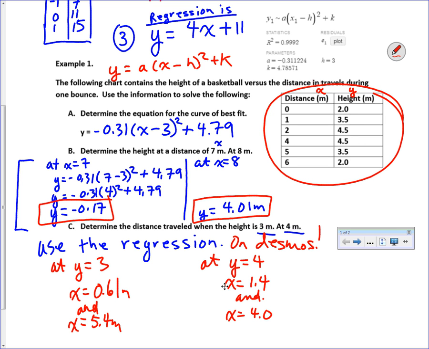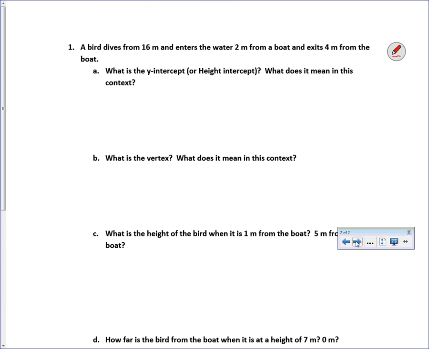Okay, now moving on to the next problem here. A bird dives from 16 meters and enters the water 2 meters from the boat, and exits 4 meters from the boat.